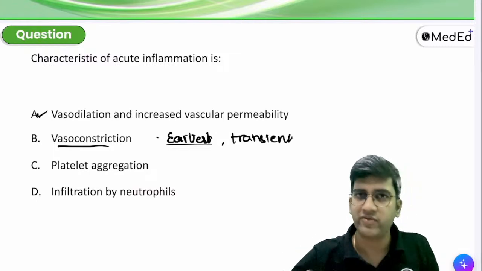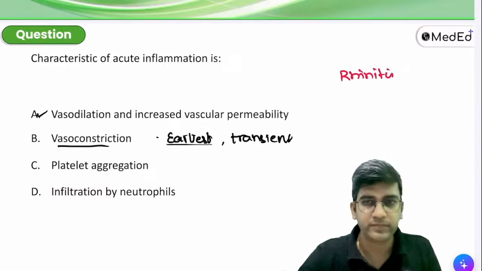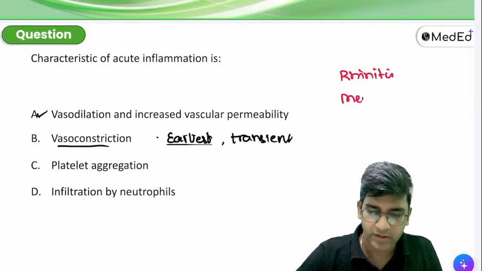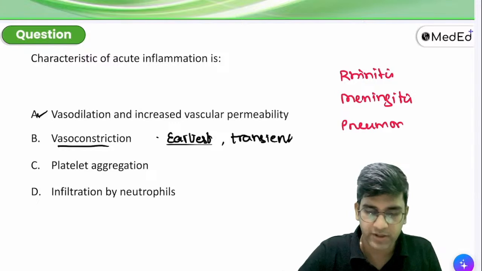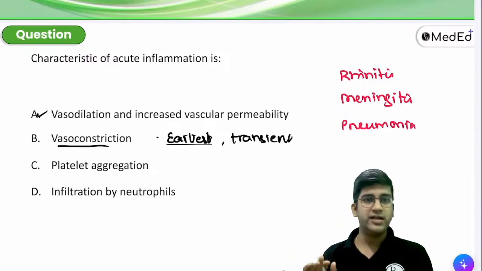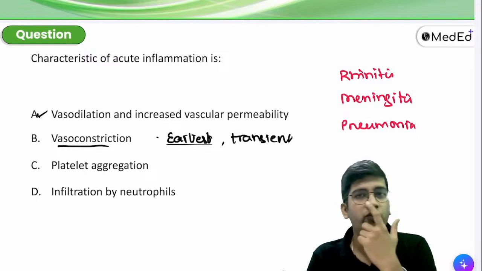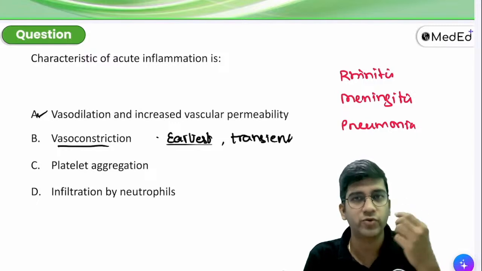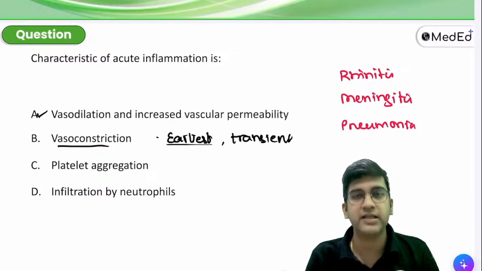You tell me whether it's an acute inflammation or not. Rhinitis. Is it an acute inflammation? Yes, no. Meningitis. Is it an acute inflammation? Yes. Pneumonia. Is it an acute inflammation? Yes. All these three are classical examples of acute inflammation, right? Vasodilatation of the nose results in plugging of the nose. The nose becomes blocked, with increased secretion, increased vascular permeability.